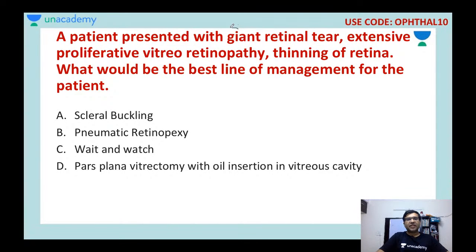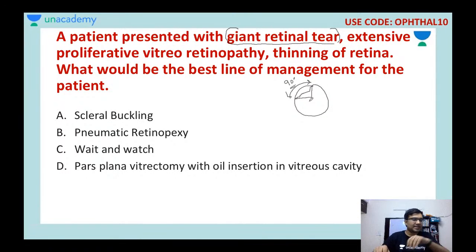Whenever we have a giant retinal tear, what is the meaning of giant retinal tear? This is my retina. If we have a very large retinal tear which is extending over a whole quadrant, this is called a giant retinal tear. Now the problem with the giant retinal tear is its edges or margins roll on towards itself.